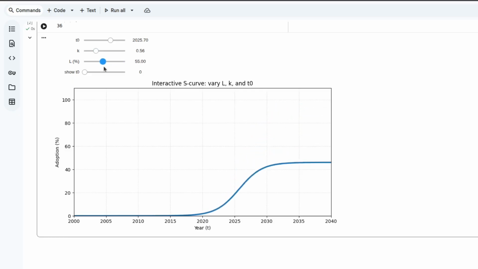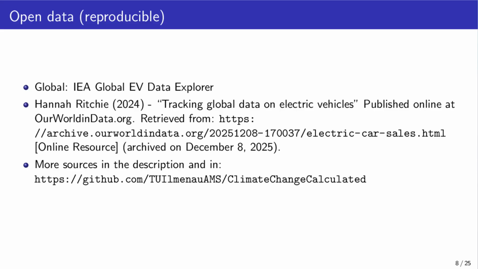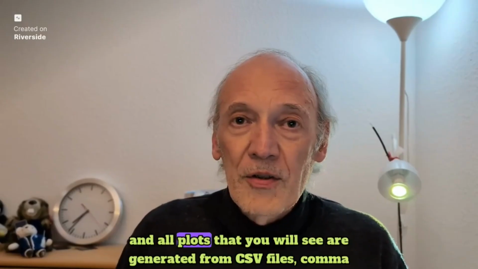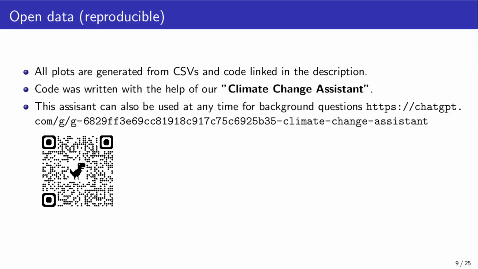The data we have mostly from Our World in Data, which you can see in this link here. And more sources are available in our description and in our GitHub that you can see here. All plots that you will see are generated from CSV files, comma-separated values, downloaded from the website, and code linked in the description.